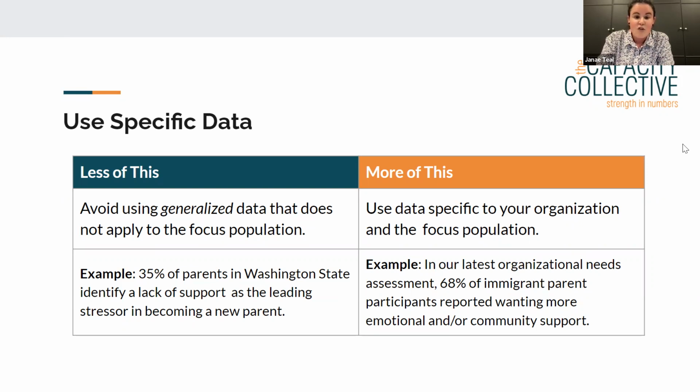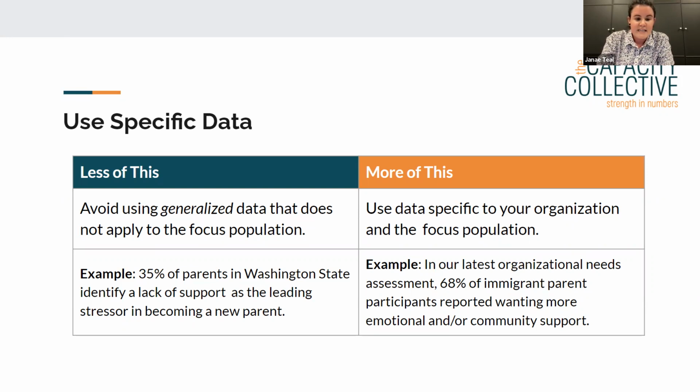So instead, you need to use data that is specific to your organization and the focus population that you've identified. So you don't want to tell your funder what is needed at large, but you want to tell them what is needed by your program, your clients, and your community. So to change the way that you would present this data, you could say, in our latest organizational needs assessment, 68% of immigrant parent participants reported wanting more emotional and/or community support.